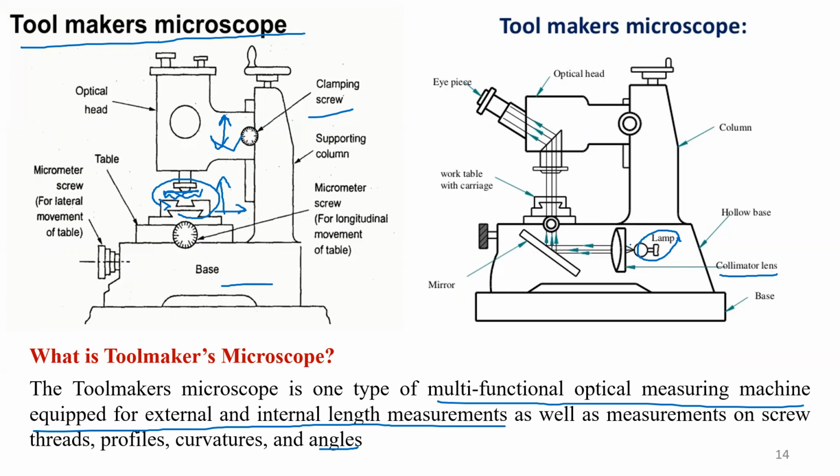This lens converts the light source into a parallel beam of light, and this parallel beam of light is reflected through 90 degrees by this mirror, and this reflected light rays pass through the underside of the table onto the workpiece.